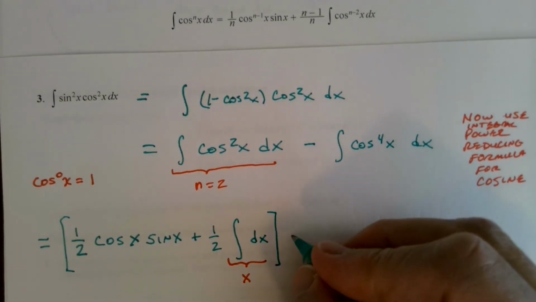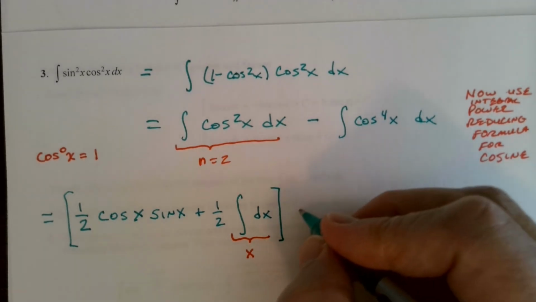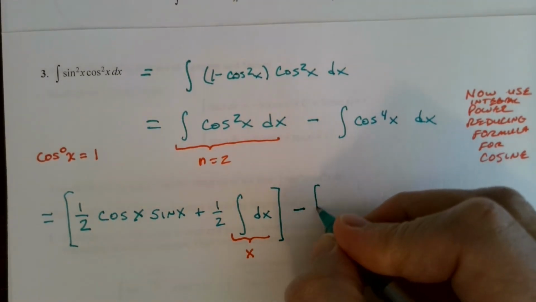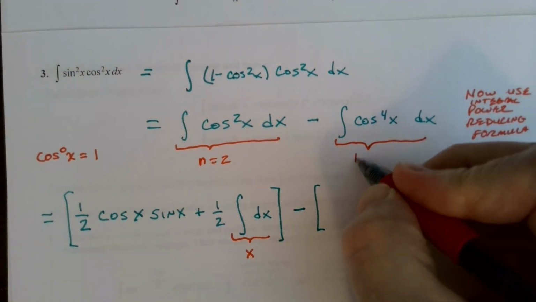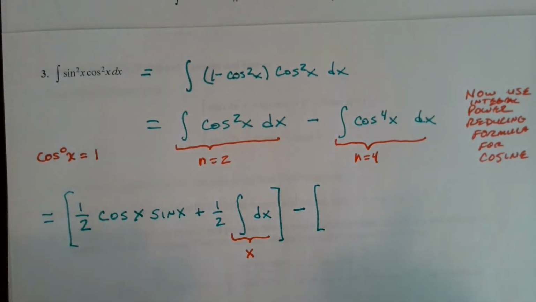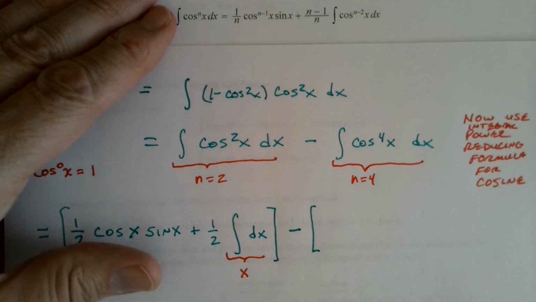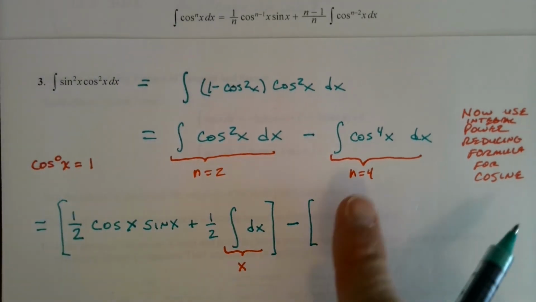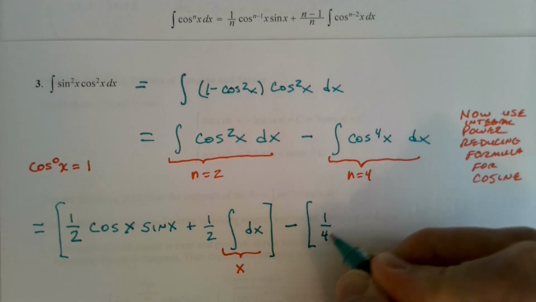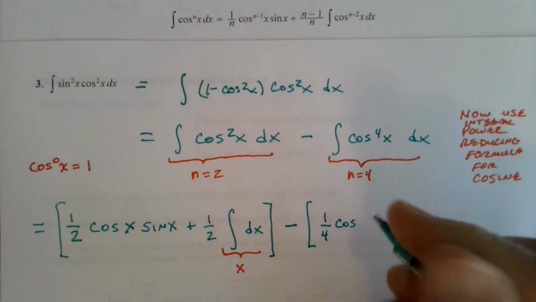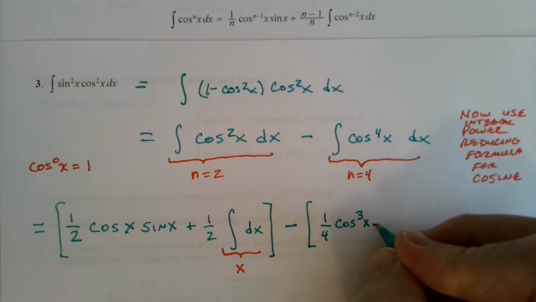And now what's our second one? Minus, now n is 4 here. So go back up to that formula up there. Make sure you can see it at the top. When n is 4, I'll have 1/4 cosine 4 minus 1 cubed x sine of x.